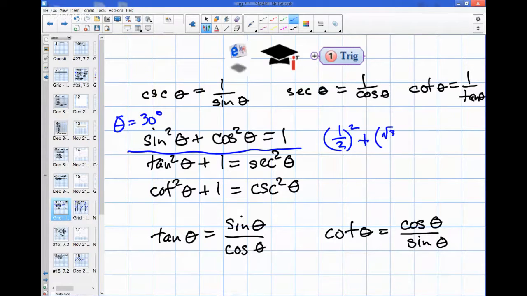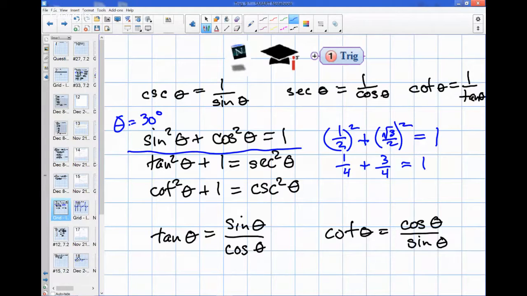And it's cosine squared, so we take that and square it. And that's supposed to always equal 1. Well, 1/2 squared is 1/4. And when you square this, the top, the square root of 3 squared is 3, and the bottom squared is 4. And you can see it works. It's equal to 1. And no matter what angle you pick, that'll always work.